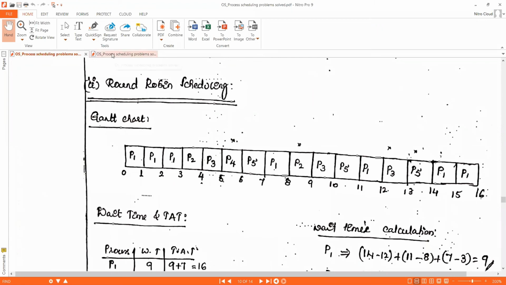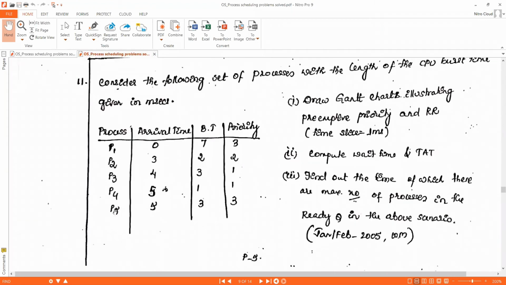At clock time 6, there is another process waiting in the ready queue, that is process 5. Here two processes arrived at the ready queue at clock time 5 milliseconds. How will the CPU break this tie, whether to select process 4 or process 5?